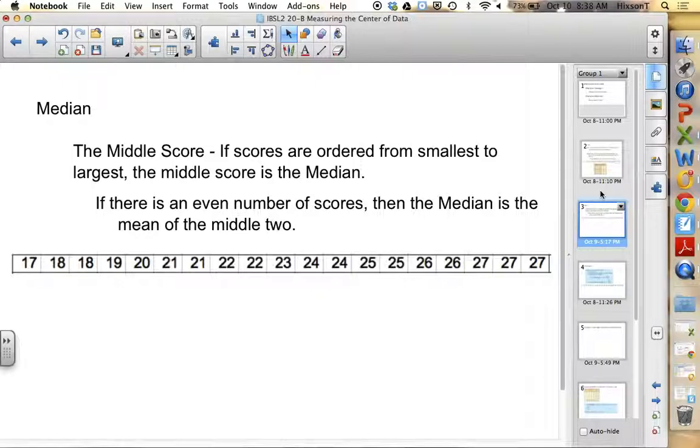So, here we have 1, 2, 3, 4, 5, 6, 7, 8, 9, 10, 11, 12, 13, 14, 15, 16, 17, 18, 19. Okay, we have 19. So the middle one would be the 10th item. Okay? So, 1, 2, 3, 4, 5, 6, 7, 8, 9, 10. 23 is our median.